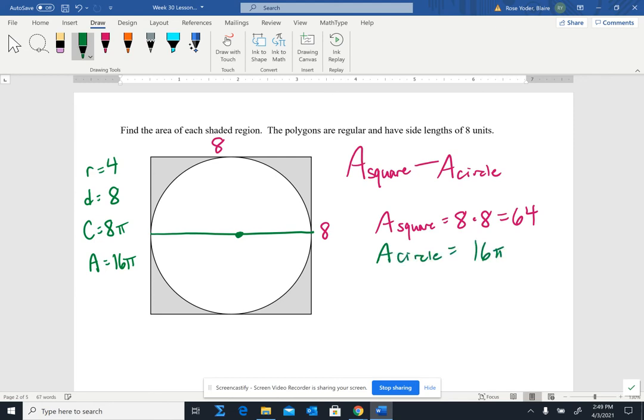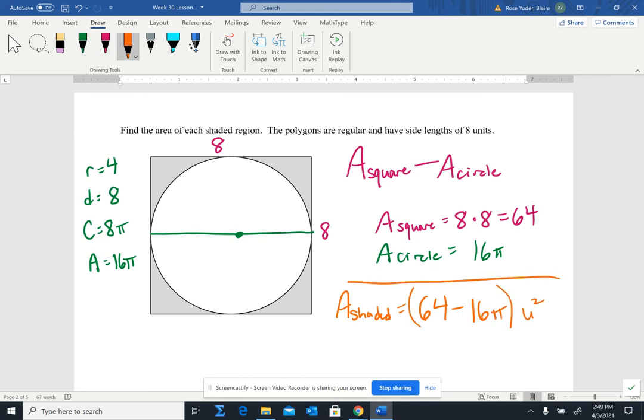So all you have to do then to find the area of the shaded region is just go area of the square, 64, minus area of the circle, 16 pi. And then they didn't give us units, so we can just say square units. If you're not sure if you subtracted in the right order, you could type that in a calculator, and if you get a negative answer, then you know that you subtracted it backwards by accident.